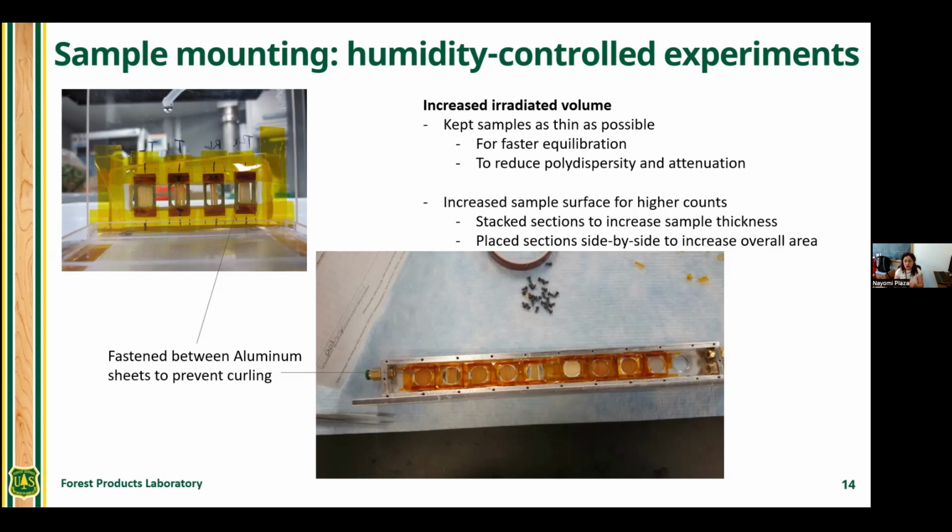But to still have enough signal, we would stack those together to increase the overall effective path length. We also placed sections side by side, depending on where the sections were obtained, to increase that overall irradiated volume.